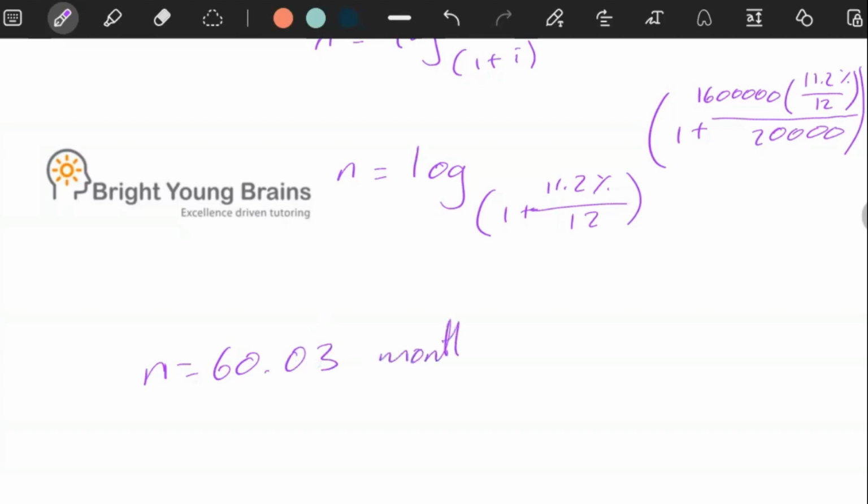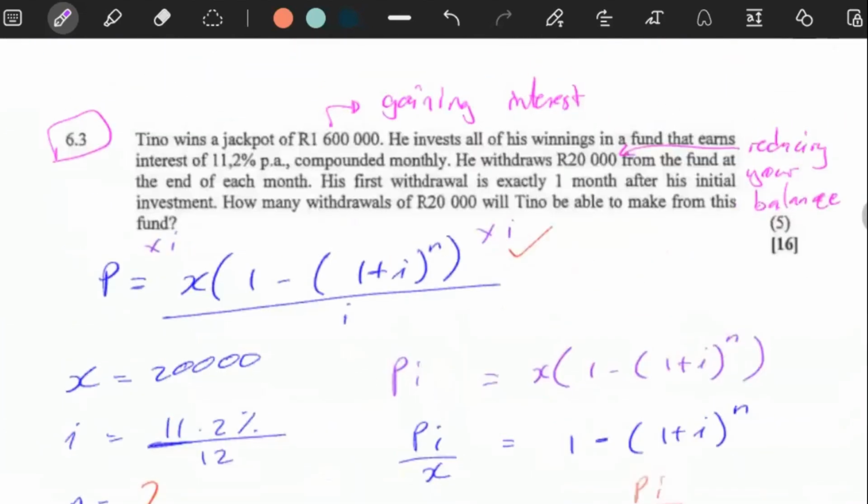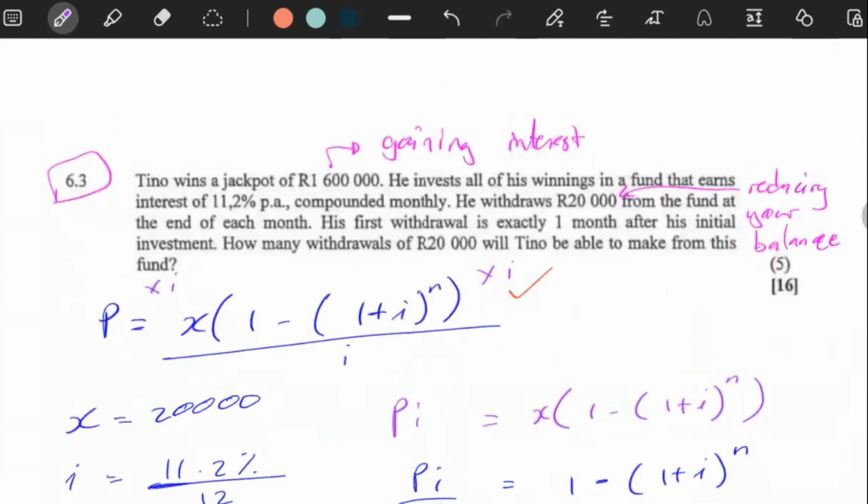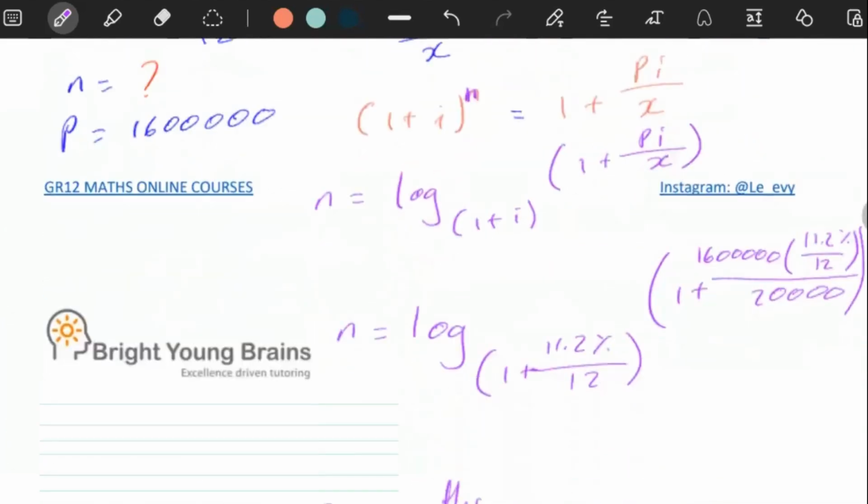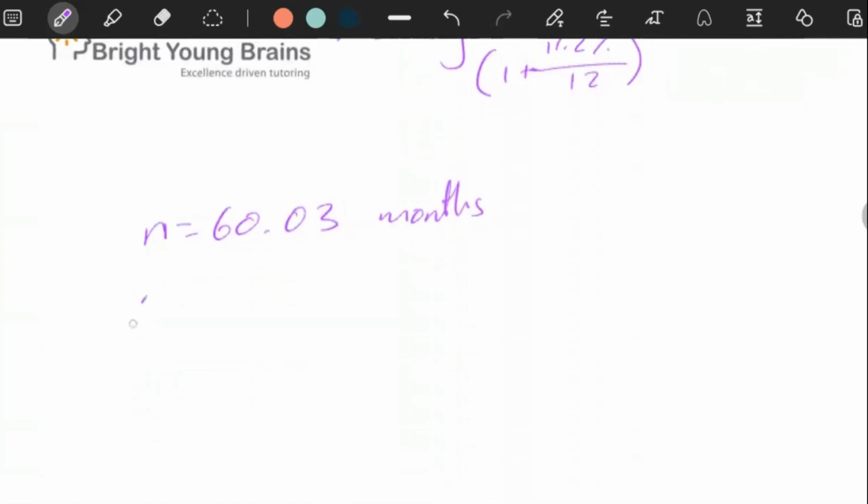You see. So what's important here is, even though this number is a decimal, they're saying here how many withdrawals of 20,000. So here you can round off to the nearest whole number, or rather always try and round downwards, because even if it was 60.8, the 60 is telling you that you have about 60 complete withdrawals of 20,000.